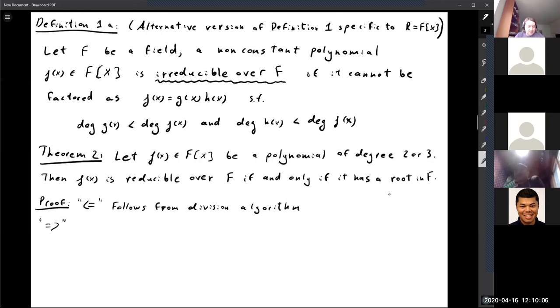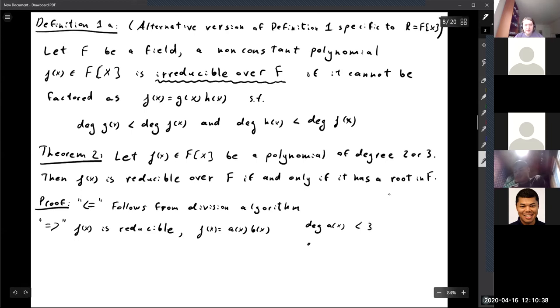So let's assume that f of x is reducible. Well, so f of x can be written as a product of a of x multiplied by b of x. And degree of a of x must be strictly less than 3.